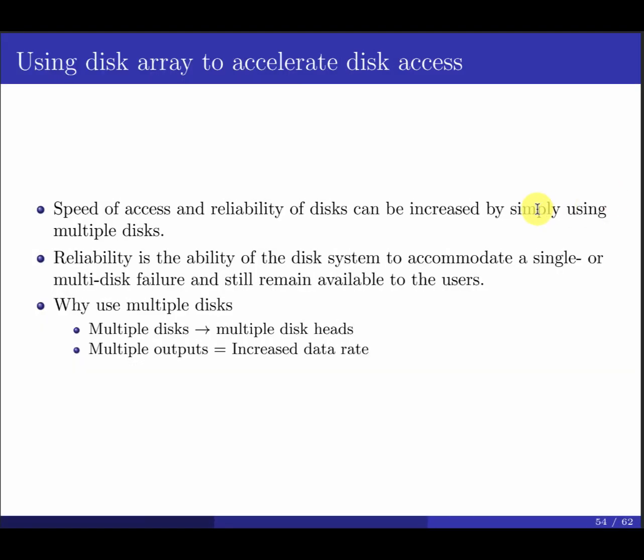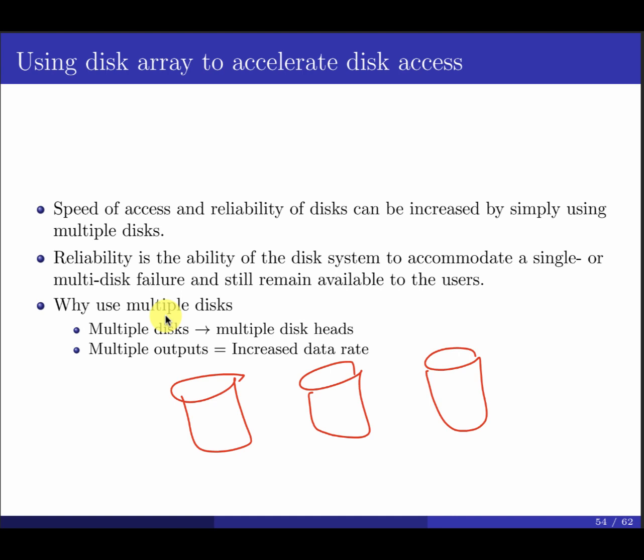The other thing we can think about is how you can use a disk array, okay? If you have multiple disks, for example, assume that you have 3 disks here. You can perform reading here, writing here, or reading and writing here.